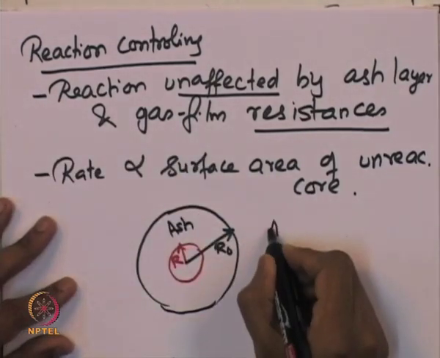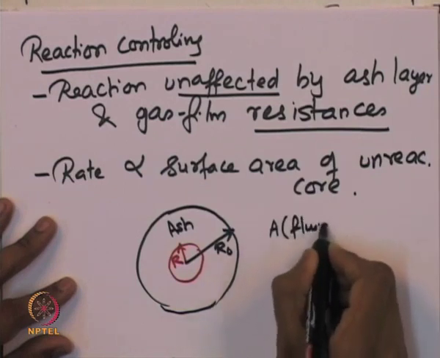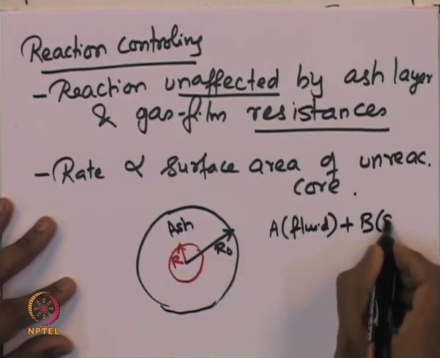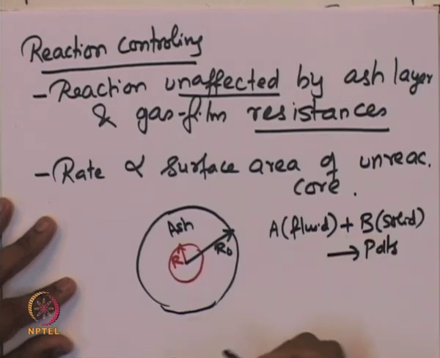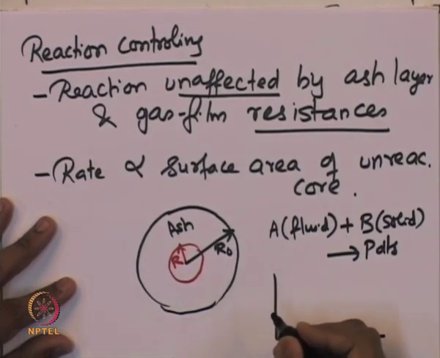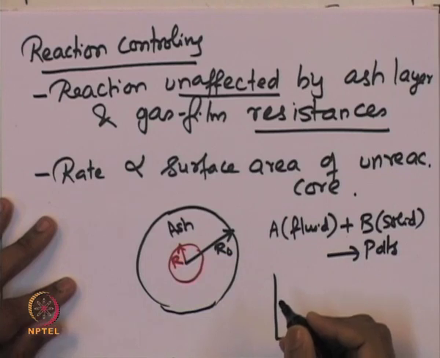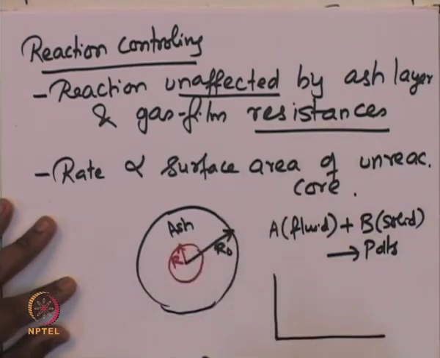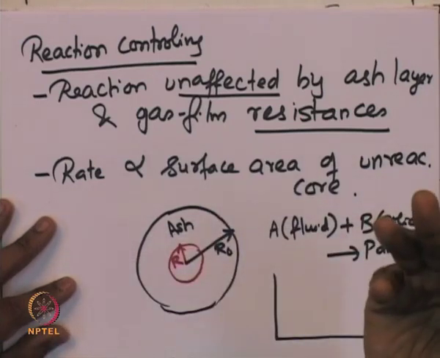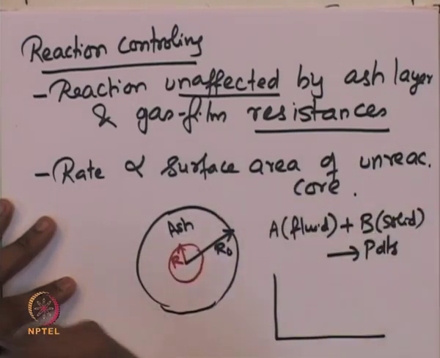Then if A in the fluid form and B in the solid form react to give products, one could intuit what the concentration profile is going to be. Because the reaction is controlling, the concentration of the species in the gas film and also in the ash layer will be the concentration of the species in the bulk gas stream itself, because diffusion is a very fast process and the reaction is the slow process.